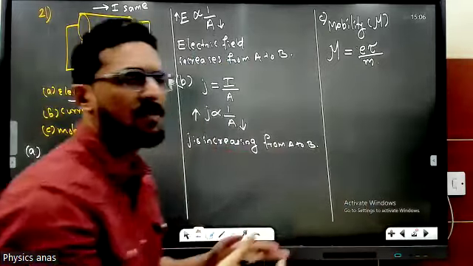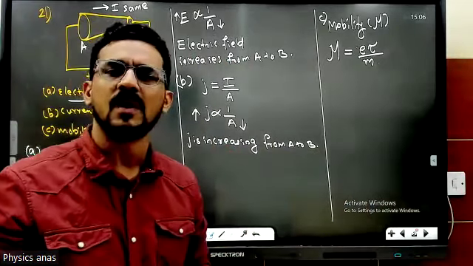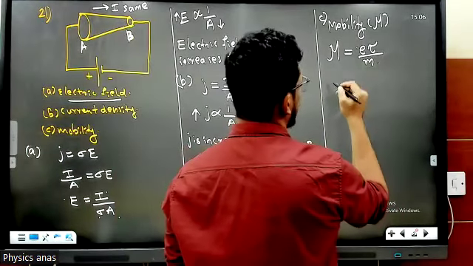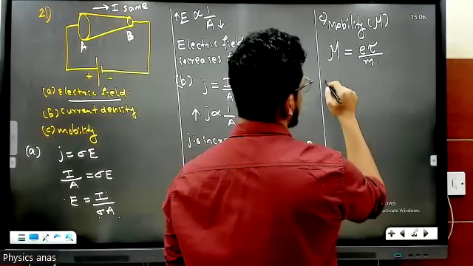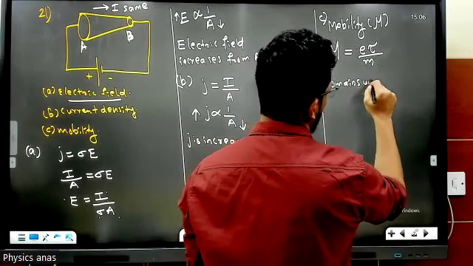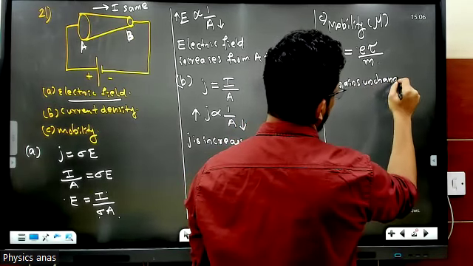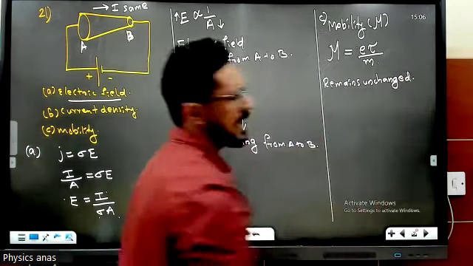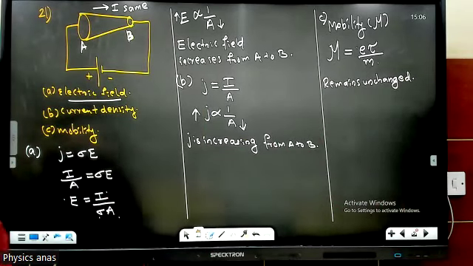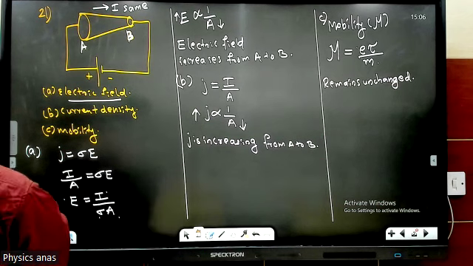That means the mobility of this electron will not be changing. Mobility remains unchanged.